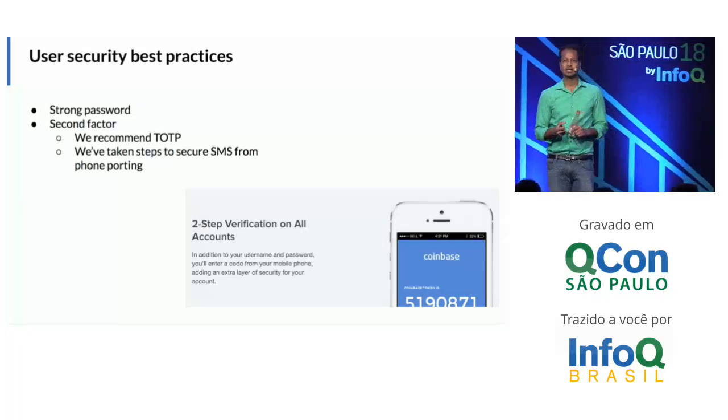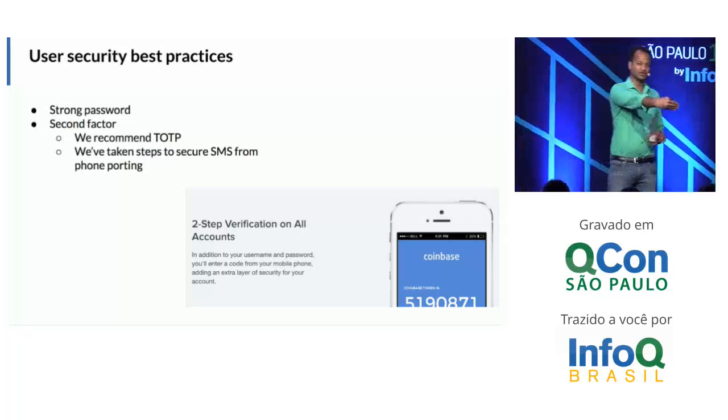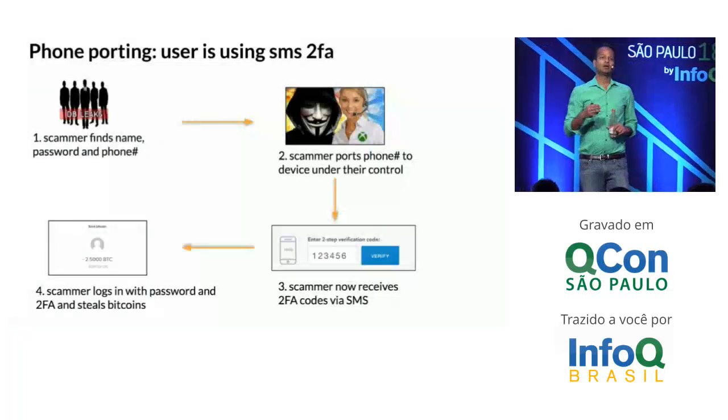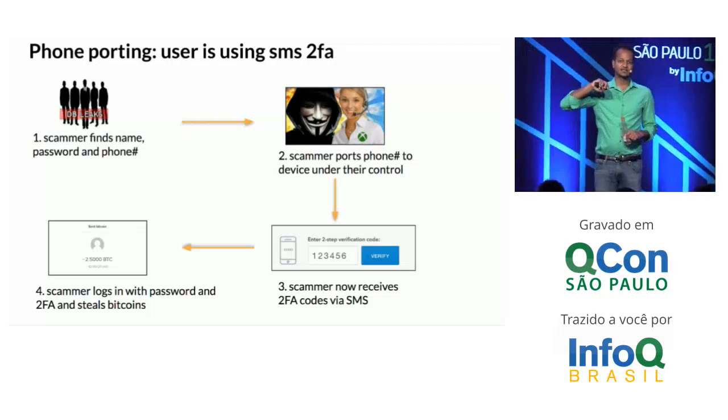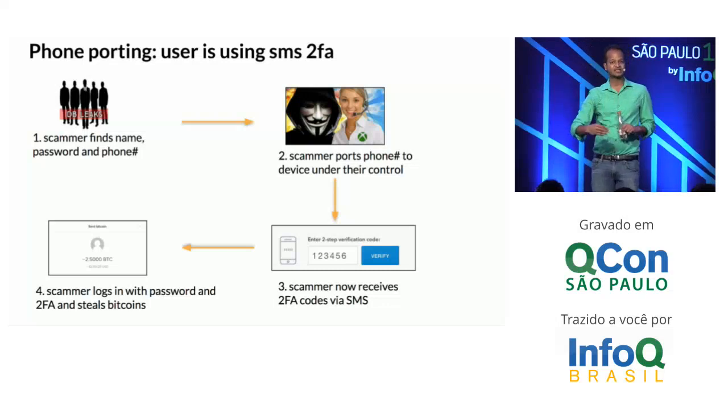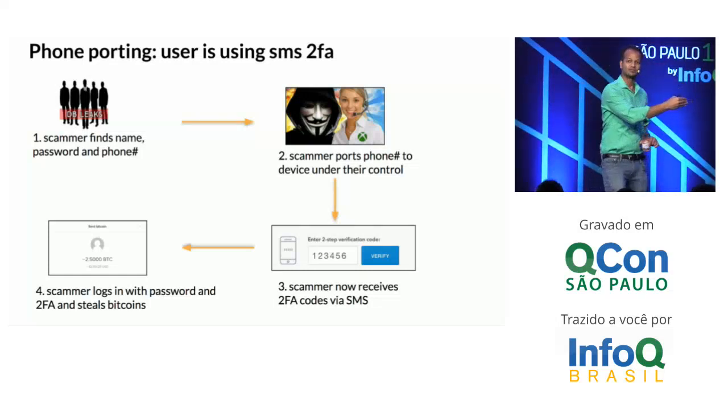What it is doing is that whenever you are entering a 2FA token on Coinbase, we make a live call against a third-party system, which tells us whether the SIM number associated with this phone number has changed recently. Then we also take features like your device fingerprint, your IP address, etc., to really know whether this SMS 2FA token was entered by the same person that I saw before, right?